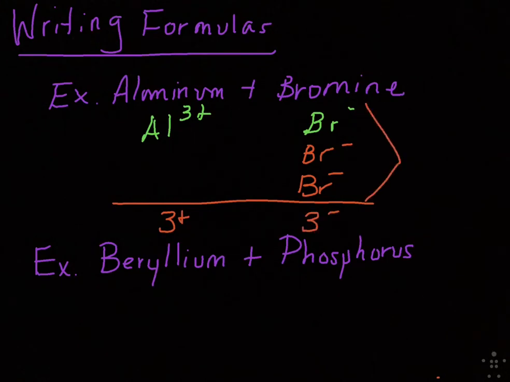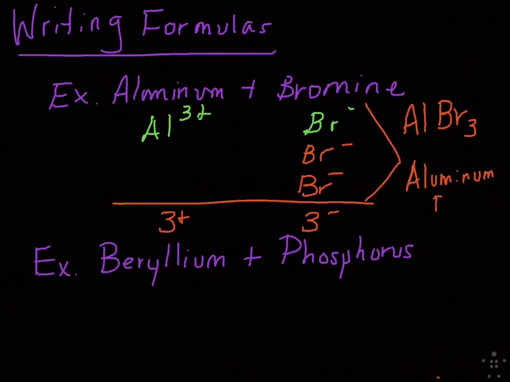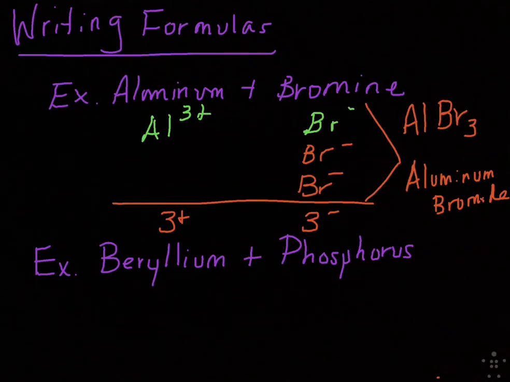So put it all together and I get AlBr3, which is also known as aluminum bromide.